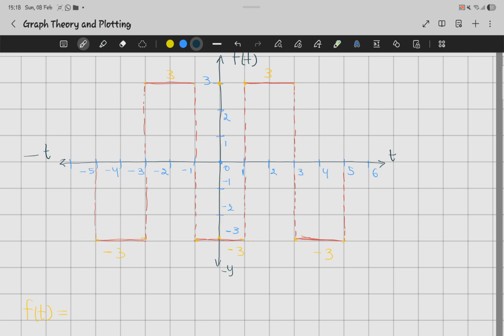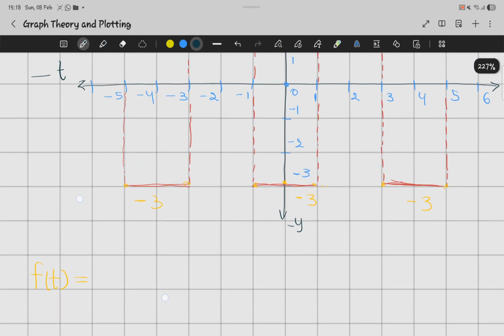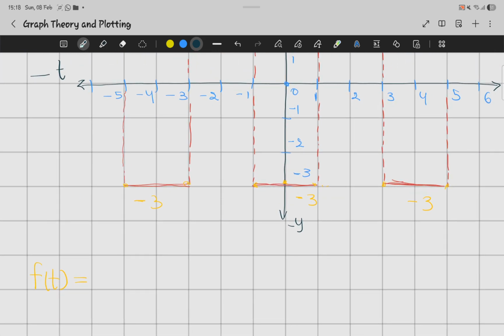What is f of t, and how can we represent it? We're not going to take all the points. Let's take an interval when t equals -3.